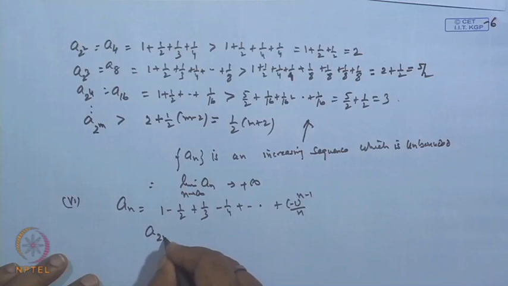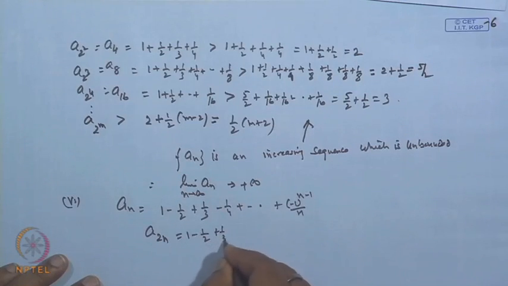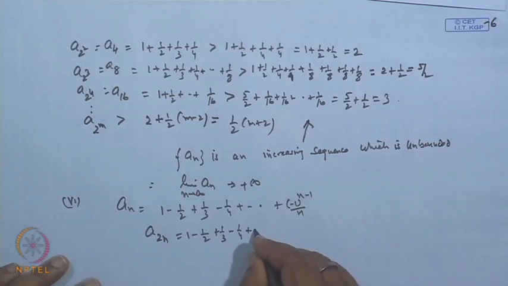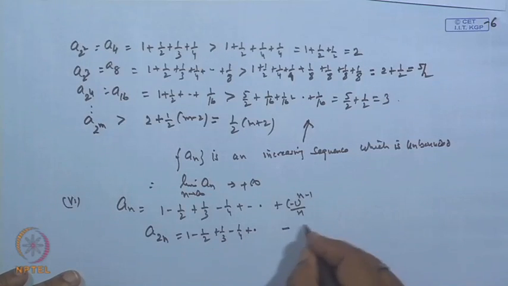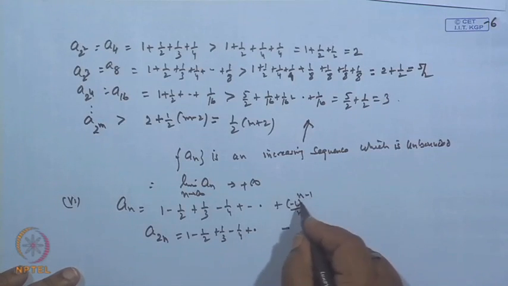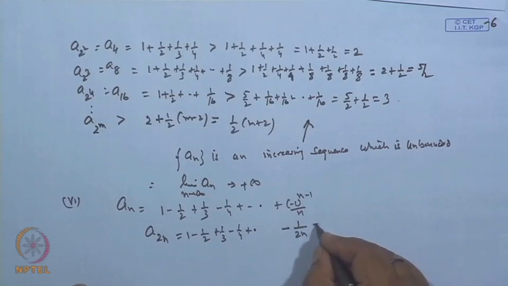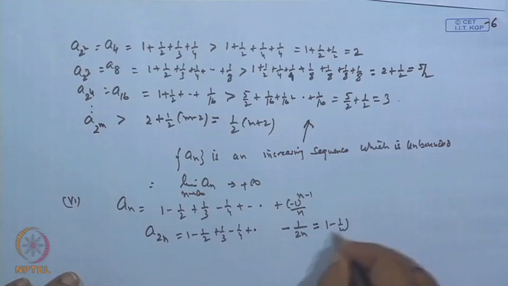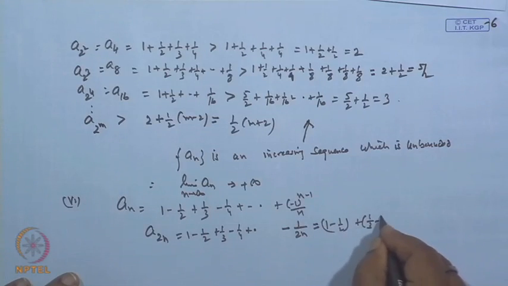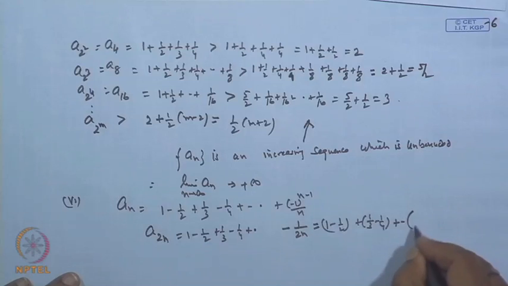A 2n, even number of terms, this is 1 minus half plus 1/3 minus 1/4 and so on, and the last term, n is even, so n minus 1 becomes odd. So, you get minus 1 by 2n. Okay. Now, this we can write it like this, 1 minus half plus 1/3 minus 1/4 and then plus 1 by 2n minus 1.